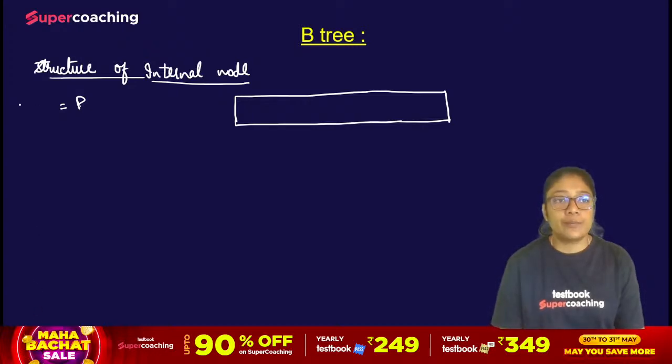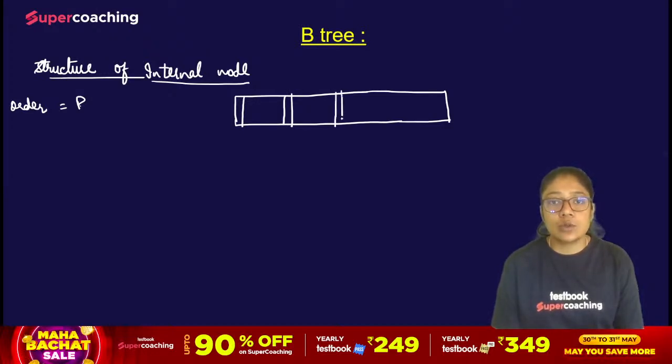This is the order. Order P means what, how many block pointers will we have? There will be P block pointers. Let me call this block pointer 1, block pointer 2, block pointer 3, and so on. Like this, we will be having P block pointers. And here we will be storing the keys.